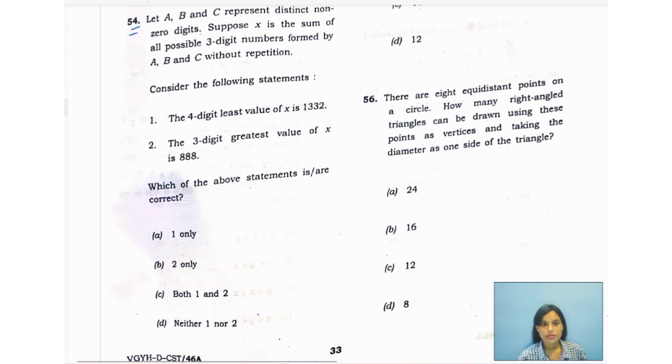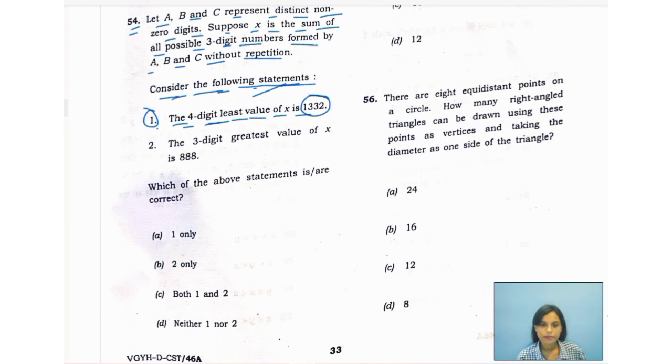Question number 54 says, let A, B, C represent distinct non-zero digits. Suppose X is the sum of all the possible three-digit numbers formed by A, B, C without repetition. Consider the following statements. Statement one says the four-digit least value of X is this one.